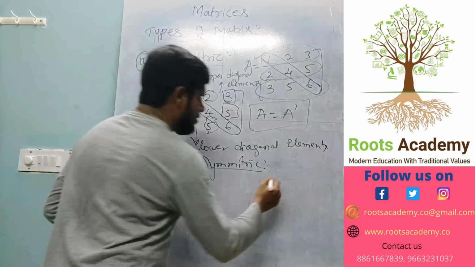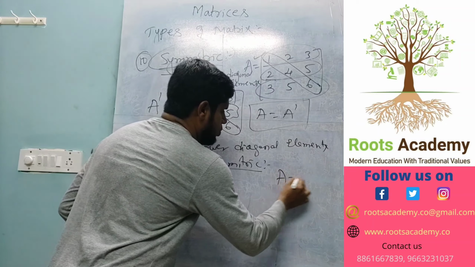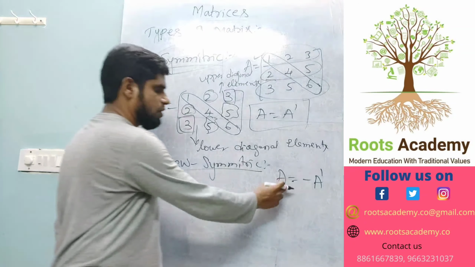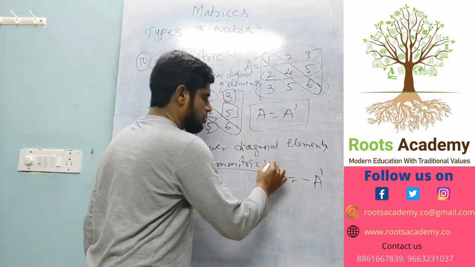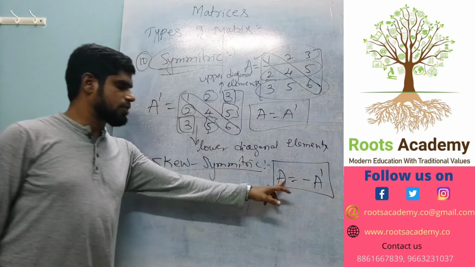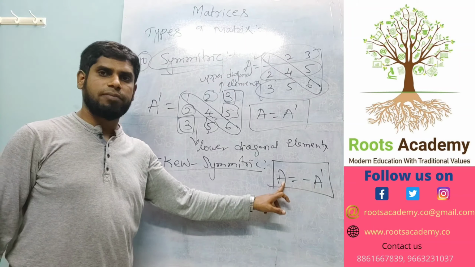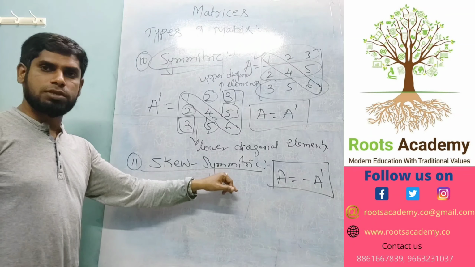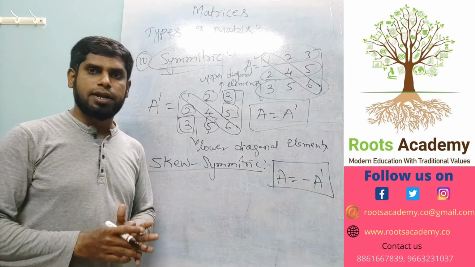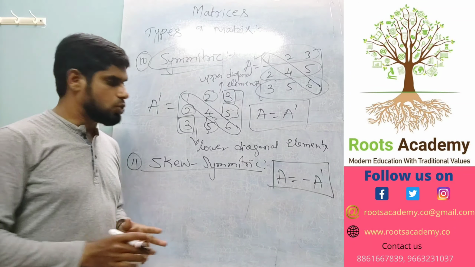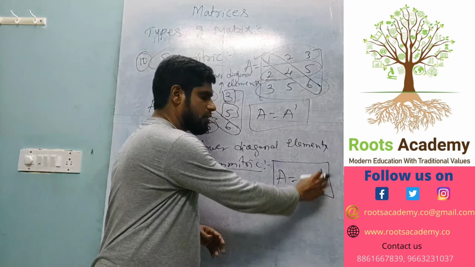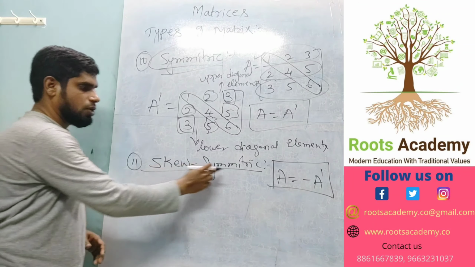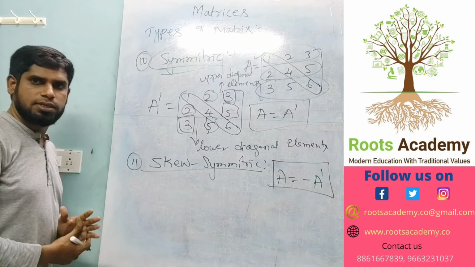That means A should be equal to minus A transpose. Then A is called a skew symmetric matrix. So I'll repeat the definition: any square matrix, if it is equal to the negative of its transpose, is called a skew symmetric matrix.